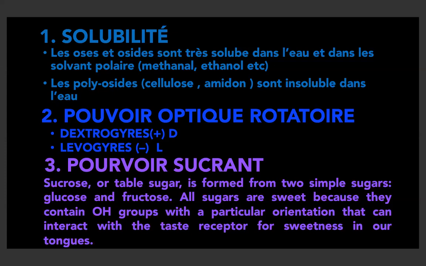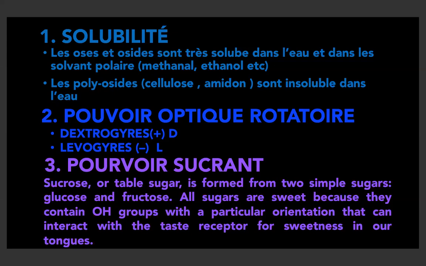But in a situation where the amount of sugar is more than the amount of water, there will be excess sugar, and you reach the saturation point, where there is no more sugar that can dissolve in the water. But the idea here is that all oses and all osides are very soluble in water. When you put them in water, they dissolve.